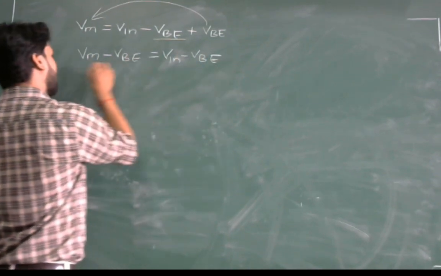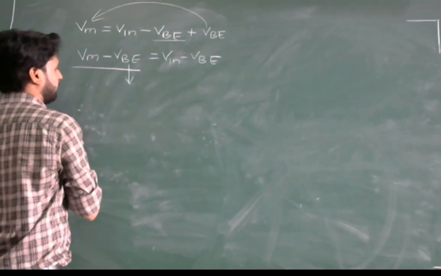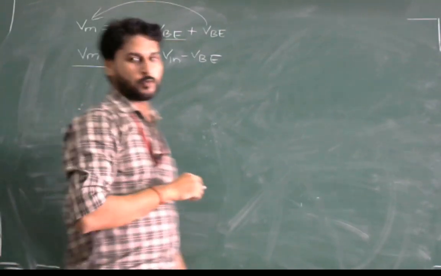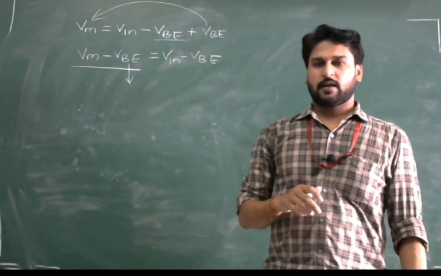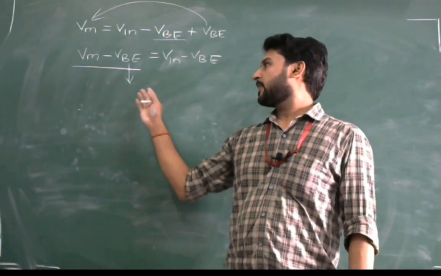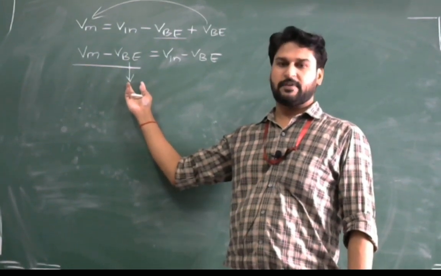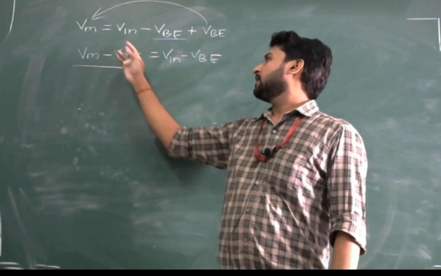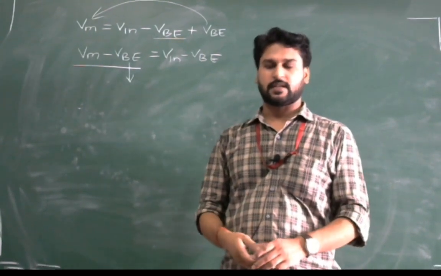We have to deduct this term VBE from the output voltage, means I have to apply a negative voltage of the same magnitude of VBE at the input terminal of the voltmeter.